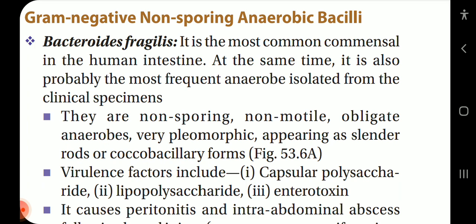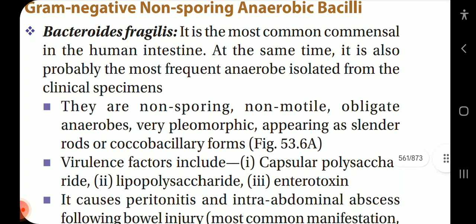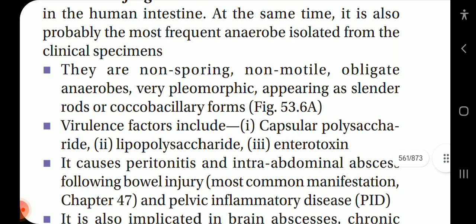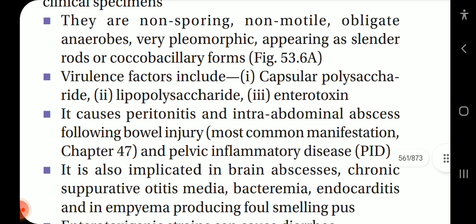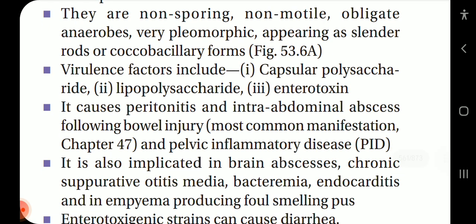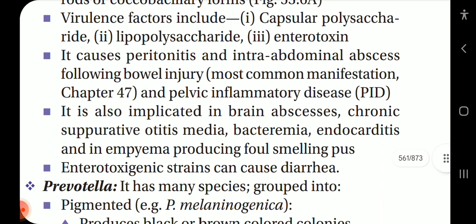Gram-negative non-sporing anaerobic bacilli. Bacteroides fragilis is the most common commensal of human intestines. At the same time, it is also the most frequent anaerobe isolated from clinical specimens. They are non-sporing, non-motile, obligate anaerobes, very pleomorphic, appearing as slender rods or cocobacillary forms. Virulence factors include capsular polysaccharide, lipopolysaccharide, and enterotoxin.